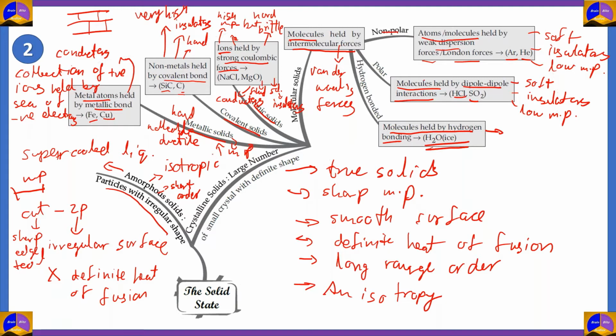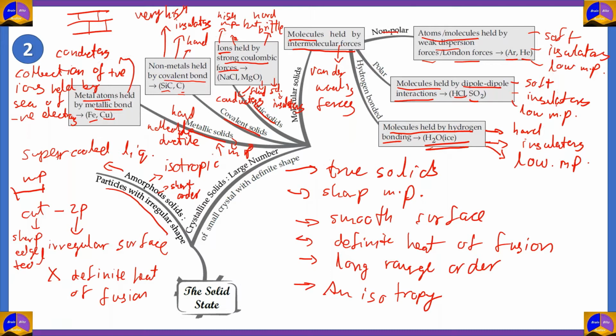Now in here, H+ goes into one end and Cl- goes into one end, forming a dipole. And finally, when we look at properties, hydrogen bonded molecular solids are unusually hard. Ice is hard. Then they are also insulators. However, they also have a low melting point. So in that case, they are similar to the other molecular solids.